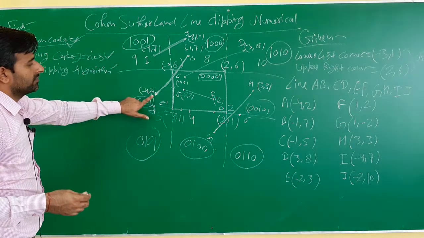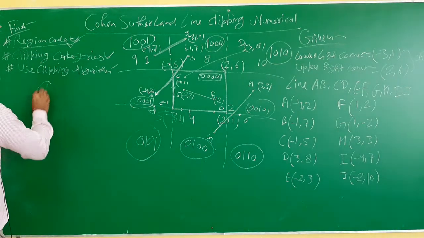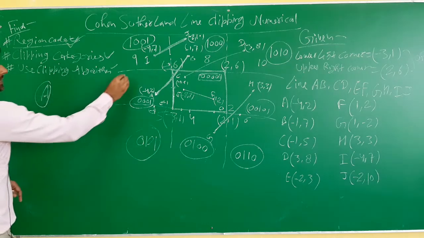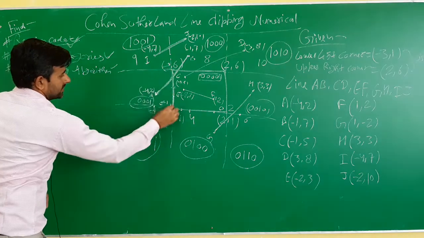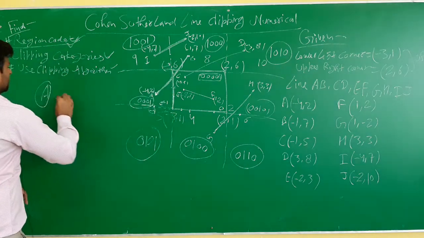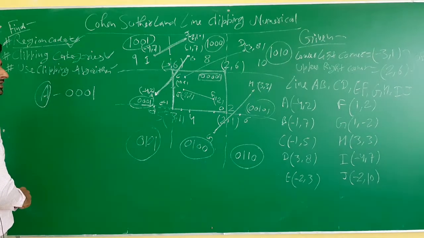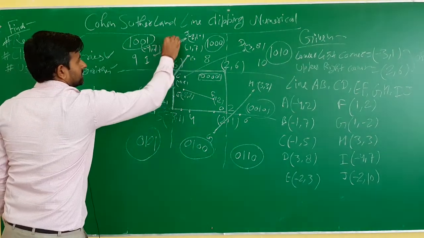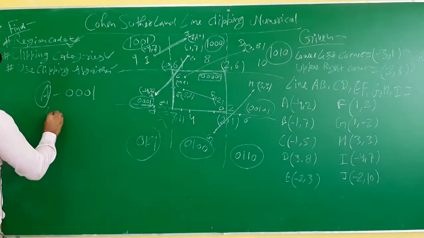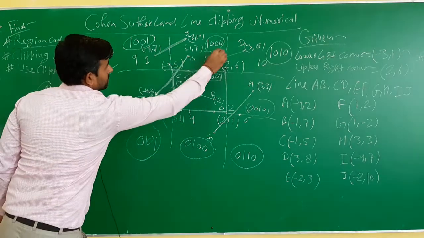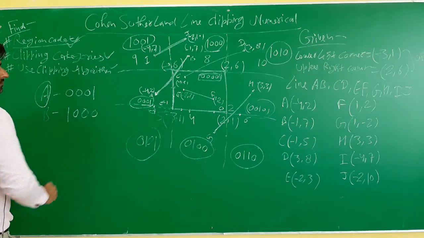We are going to start from A. Point A lies in this region and the code of this region is 0 0 0 1. Clear? B lies in this region and the region code is 1 0 0 0.